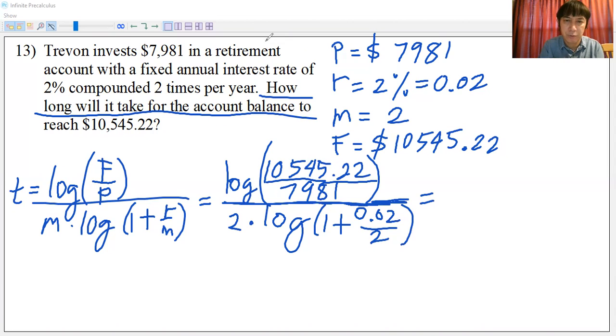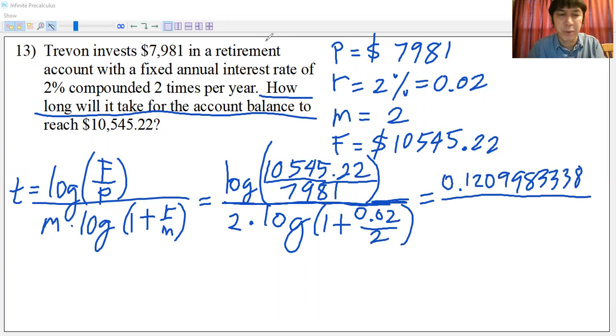Logarithm of the ratio of 10,545.22 over 7981. That amounts to 0.12009983338. That will be our numerator.